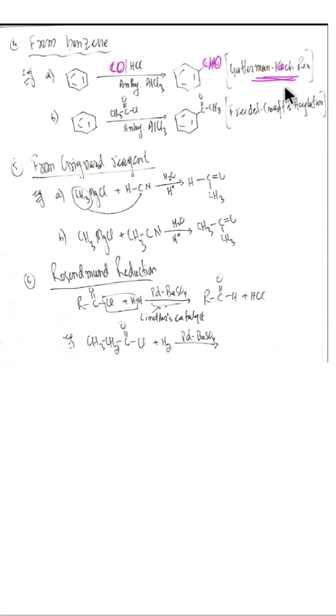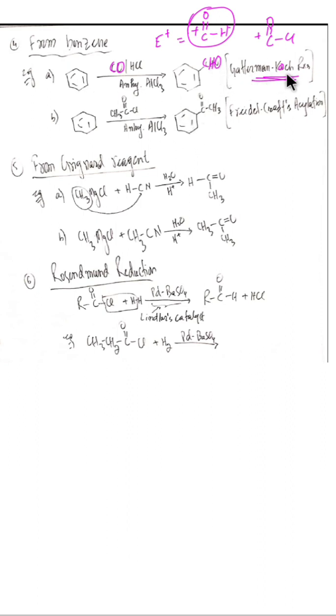The electrophile in this case is the formyl cation, H-C+=O. This is our attacking reagent, and the electrophile attached to benzene is this CHO.